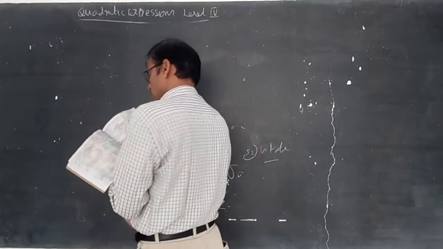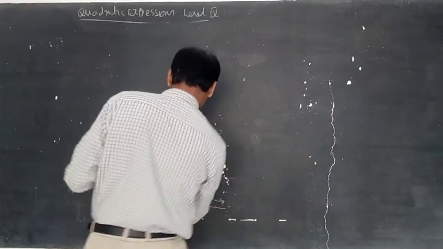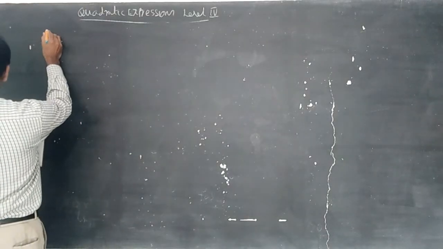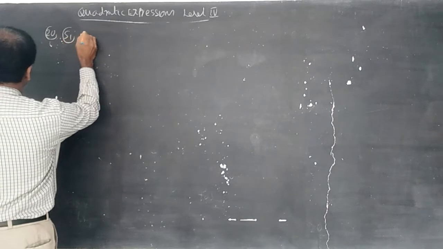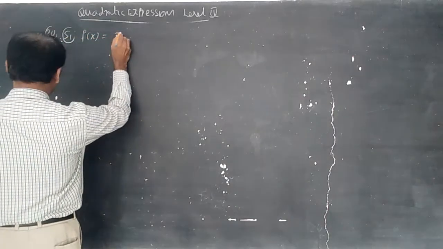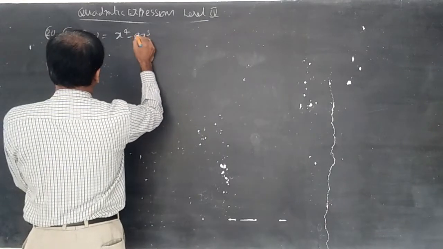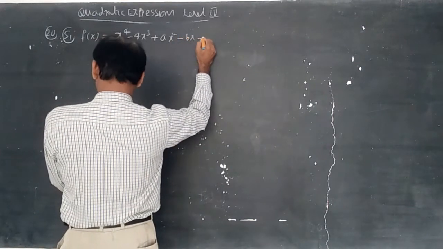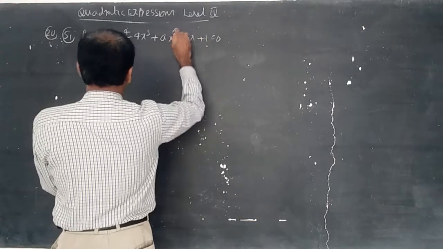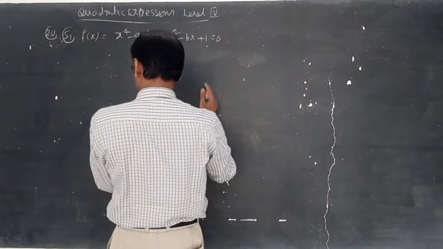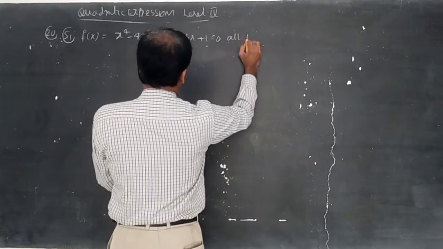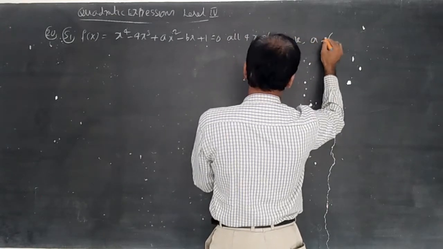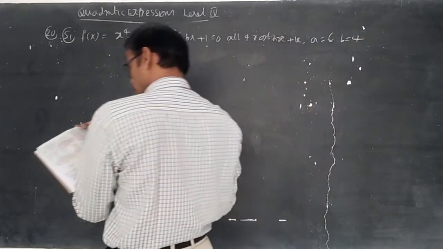Statement 1: if all the 4 roots of the equation f of x is equal to x power 4 minus 4x cube plus a x square minus b x plus 1 equal to 0 are positive, then that implies a is equal to 6, comma b is equal to 4.